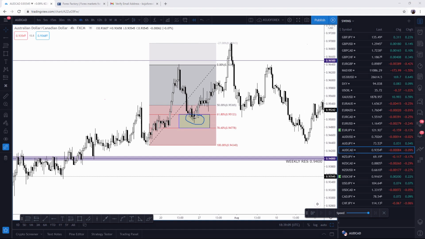So here you can see it reject here, 4 hours, 8, 12, 16, 20, 24, right? Spent 24 hours within this range alone. Tells you price is refusing to trade any further lower, right? And then what do you do?